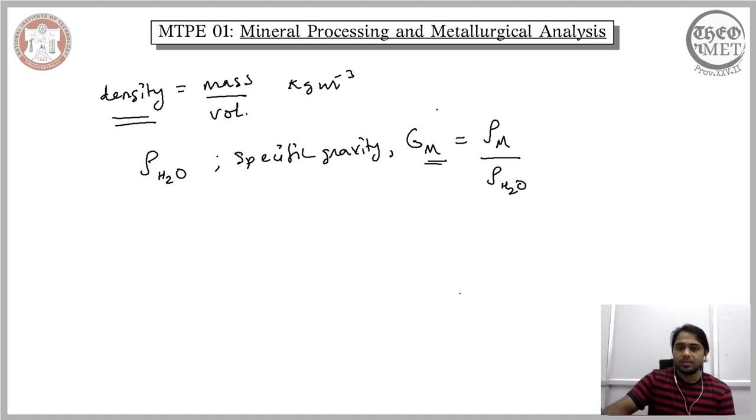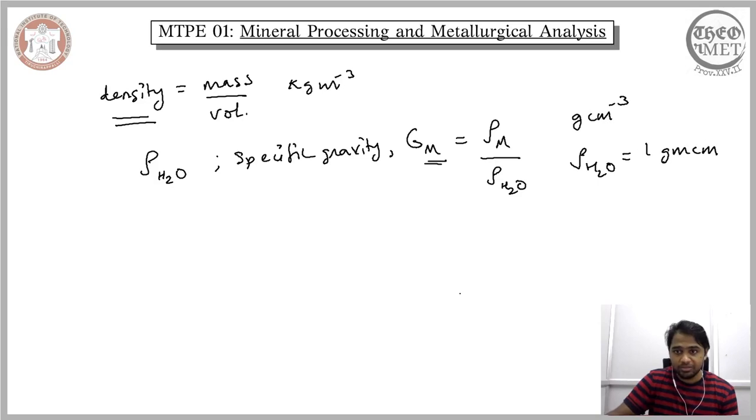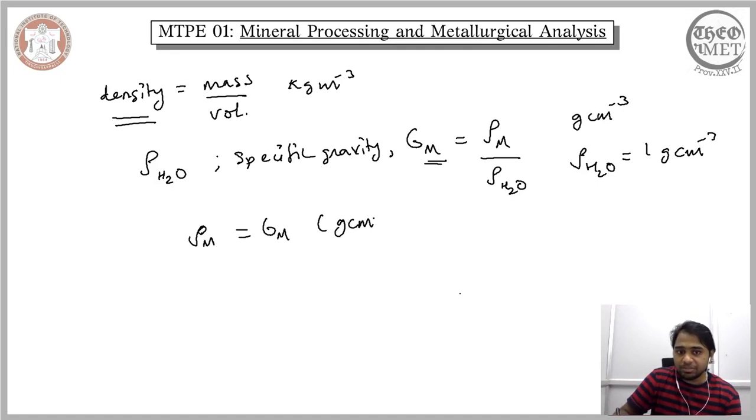Now, instead of the conventional use of units, if you consider the density in terms of grams per centimeter cube, and since the density of water in grams per centimeter cube is 1 gram per centimeter cube, what you essentially end up with is that the magnitude of the density of the mineral will be equal to its specific gravity when you treat the unit of density in grams per centimeter cube.